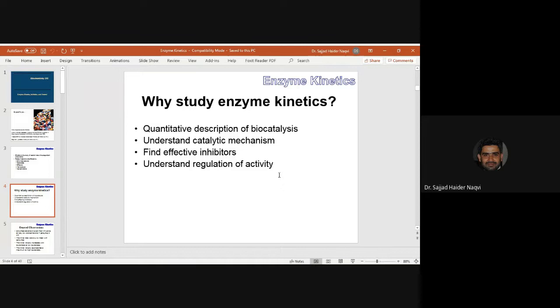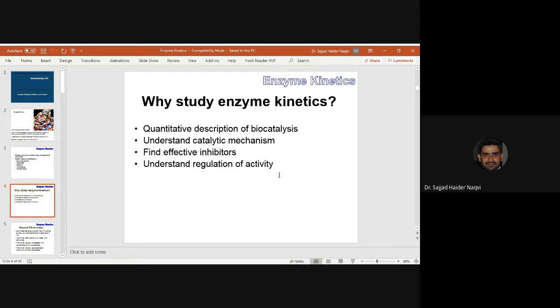Quantitative description means how much of a particular enzyme and how much of a particular substrate is needed in order to carry out that particular reaction. That can be determined if we know the proper enzyme kinetics of that reaction.